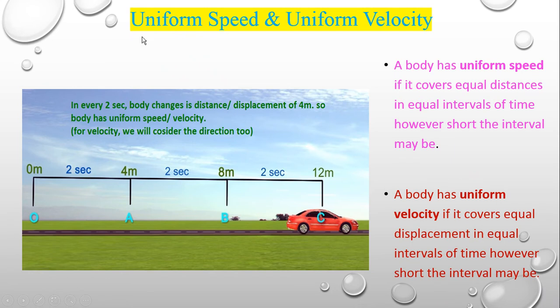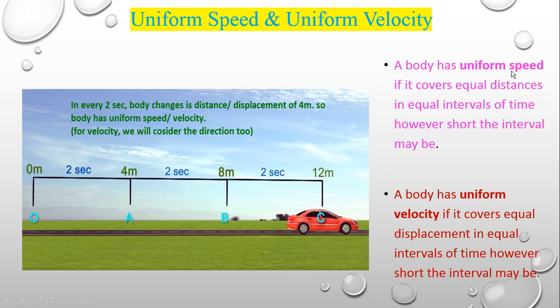Here is another important concept of uniform speed and uniform velocity. We will learn here that when we say that object is moving with uniform speed or object is moving with uniform velocity. Here are the definitions of uniform speed and uniform velocity.